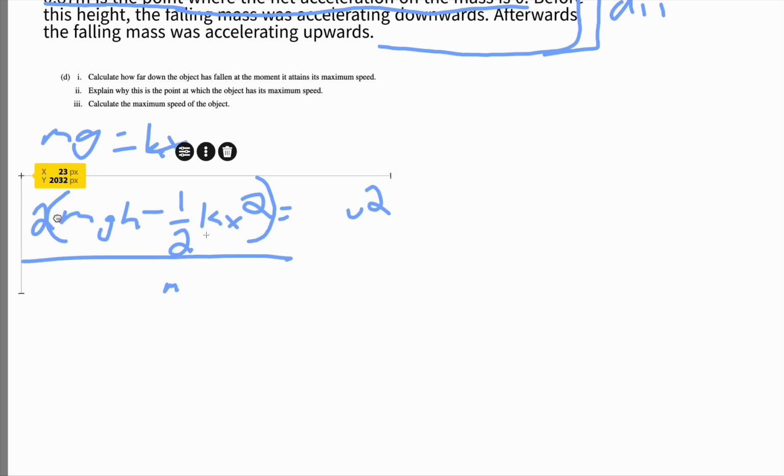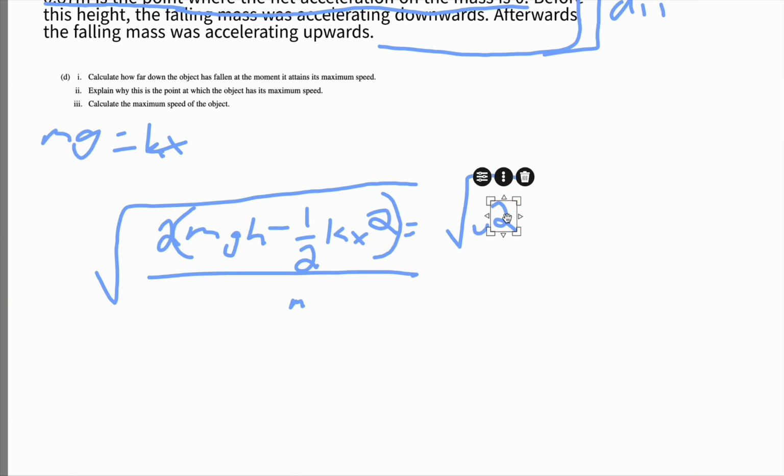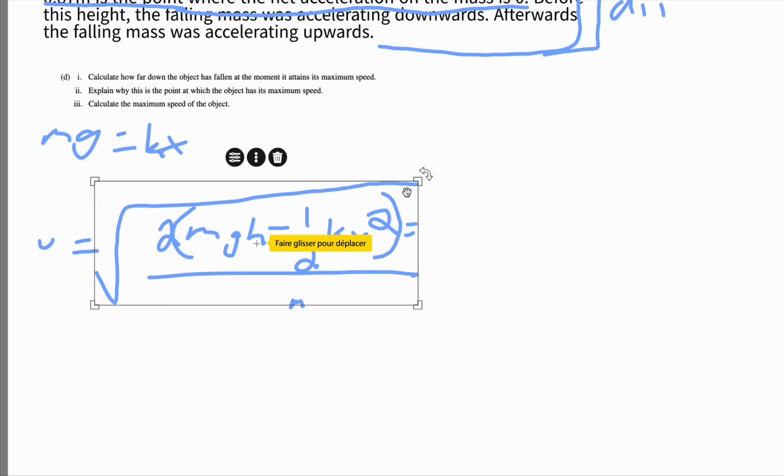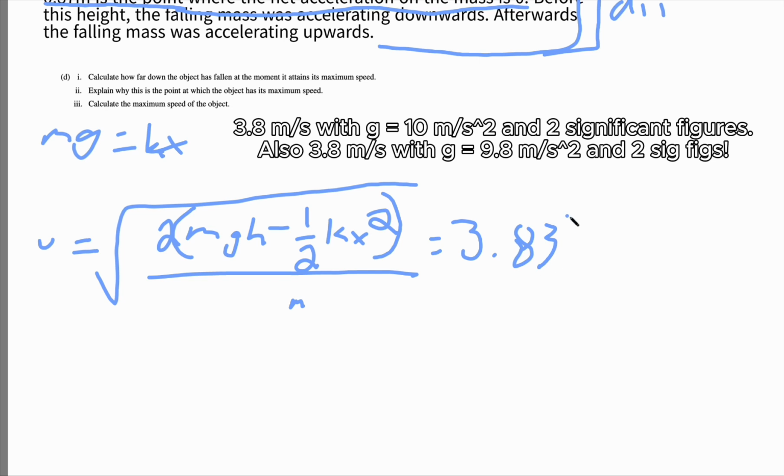And then take the square root. Leaving us with this honestly very massive equation. But in the end, if you plug everything back in, you should get around 3.83 meters per second.